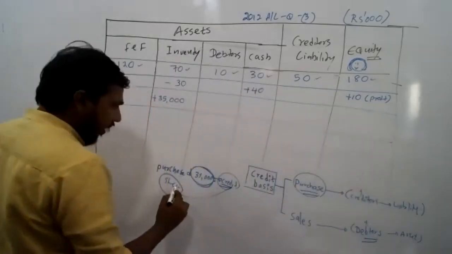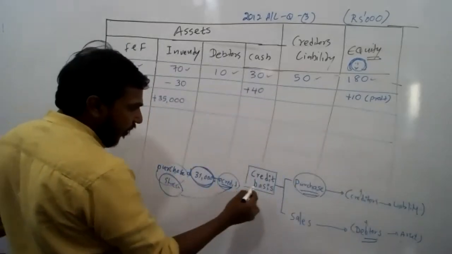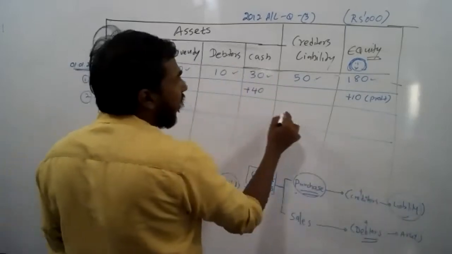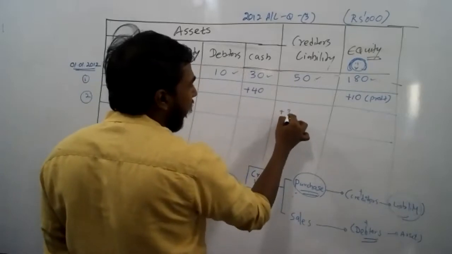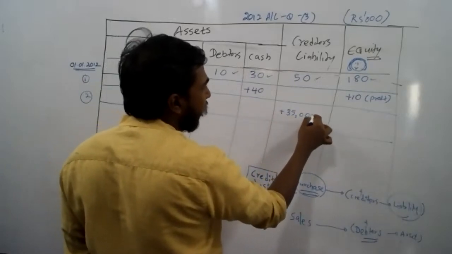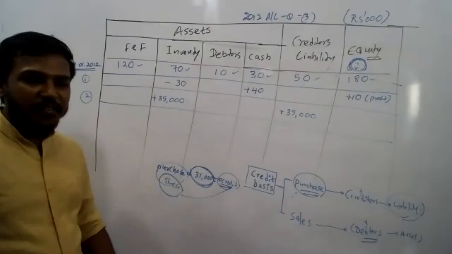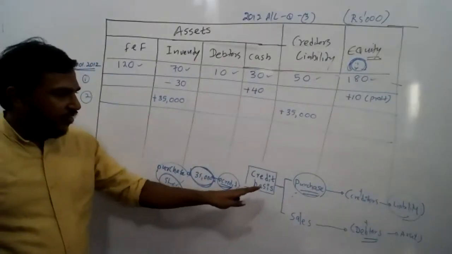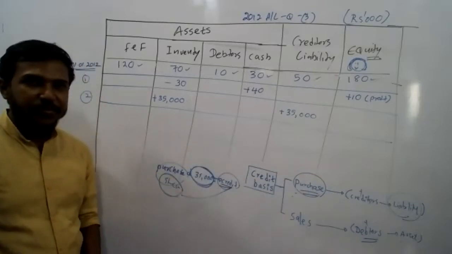Then see, these are credit basis purchases. In credit basis purchases, you get a liability, because you are committed to pay this in another one month or one week. So creditors increased by 35,000. Clear? If it is credit basis purchases, increase the creditors.